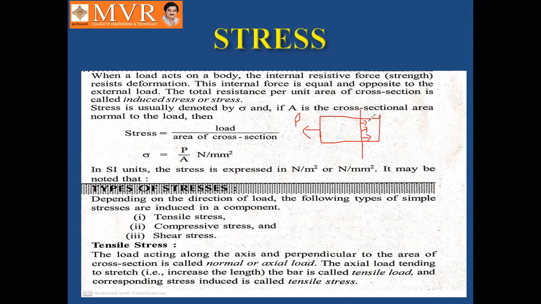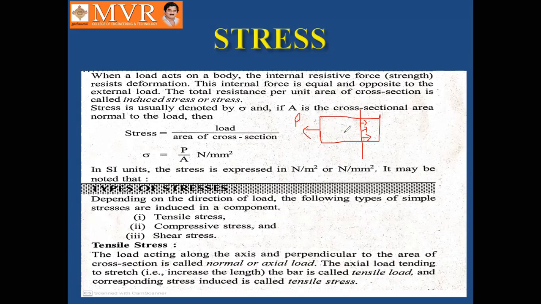These forces are induced within the body in order to balance this force, and at the same time it tends to bring back its equilibrium position. So the summation of these internal forces per unit cross sectional area, we can call a stress.